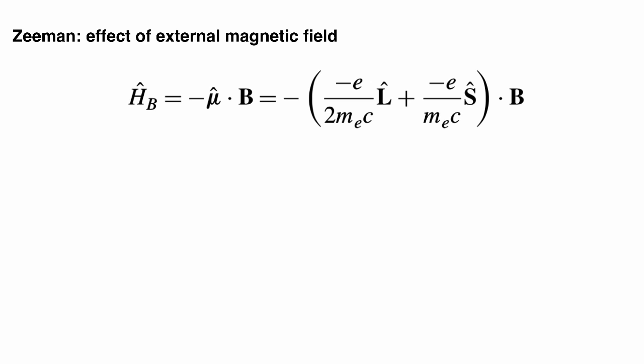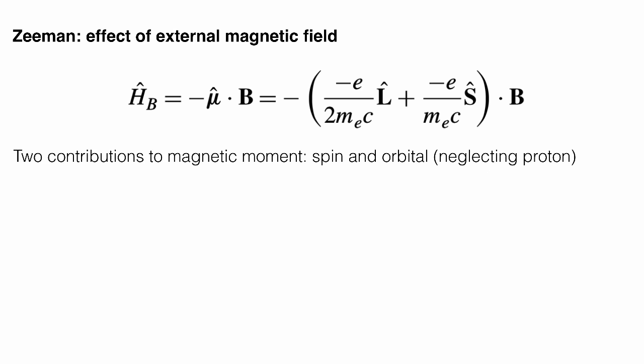You will notice the factor of 2 difference comes from the fact that we have a spin 1/2. It also corresponds to the fact that we really have two origins for the angular momentum. One is orbital, kind of classical, and the other is purely quantum mechanical. So we end up with an operator that's well described in terms of L, S and B.